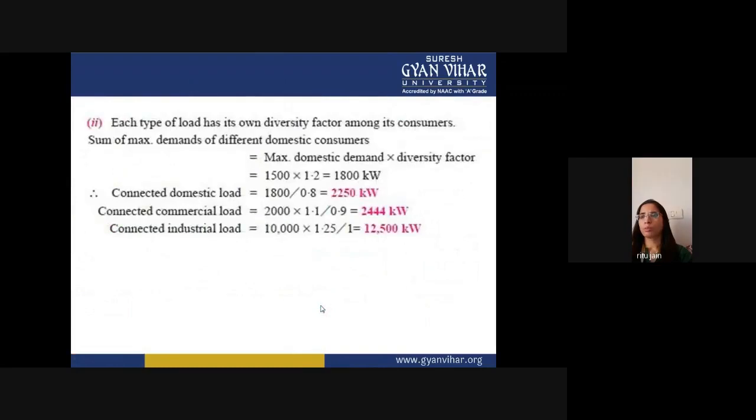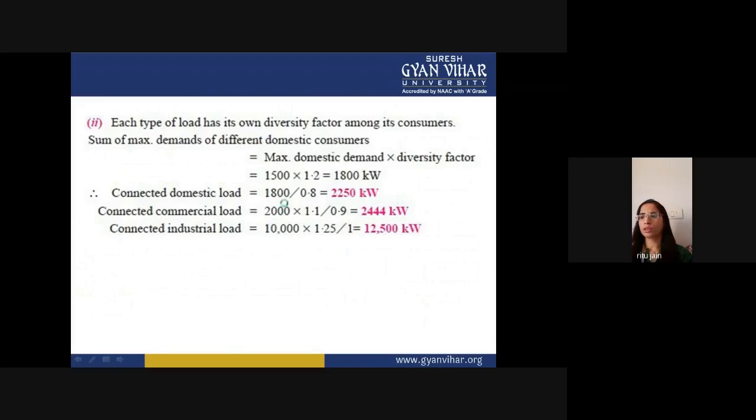So peak load can be calculated by maximum demand into diversity factor. So this is your peak load for domestic purpose. So peak load is divided by your demand factor. You will get the connected domestic load like this.